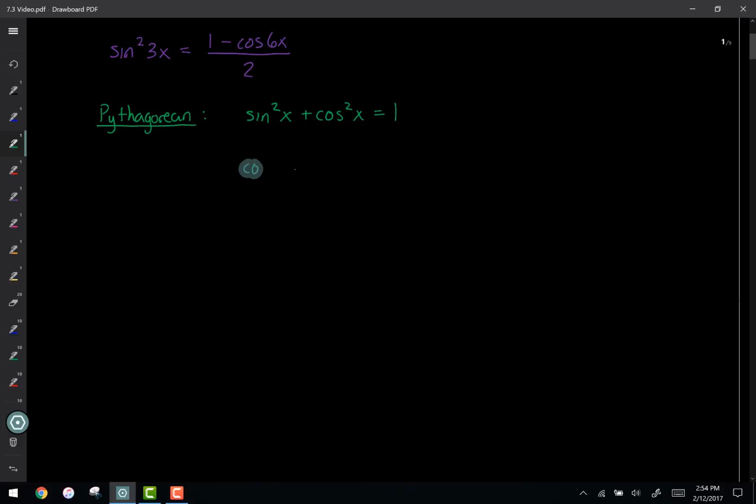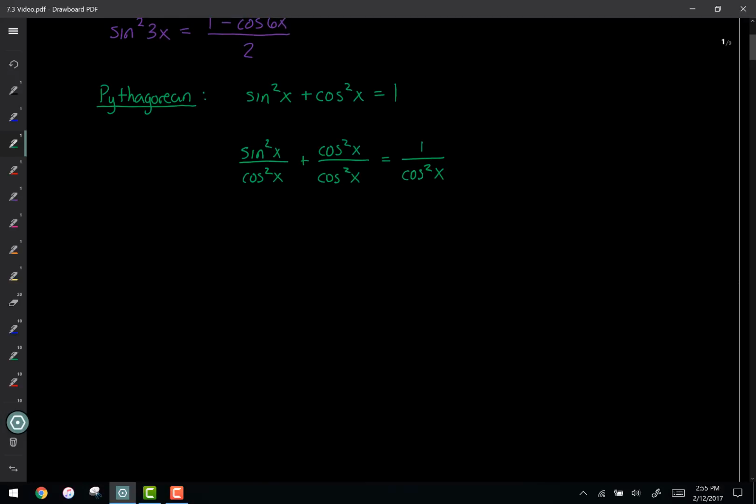I'm going to get sine squared x over cosine squared x plus cosine squared x over cosine squared x equals 1 over cosine squared x. And what is sine x over cosine x? Well, it'd be tangent, so this one is tangent squared x, plus this cosine squared over itself is going to be 1, and then 1 over cosine is secant.